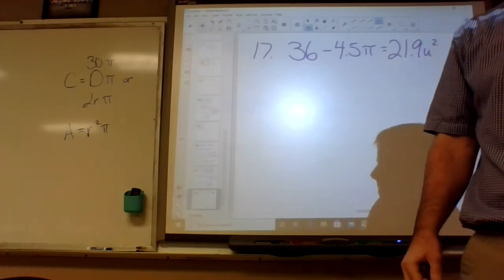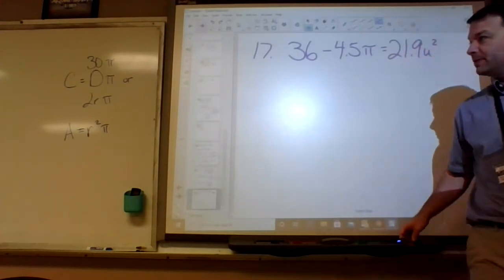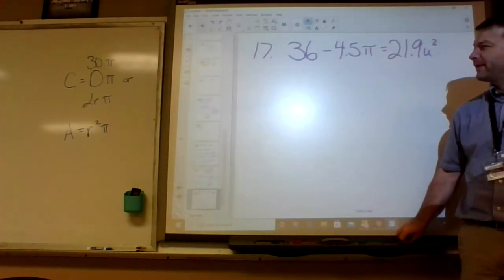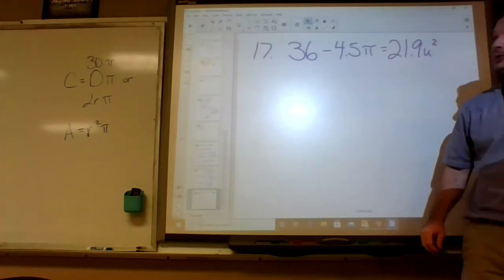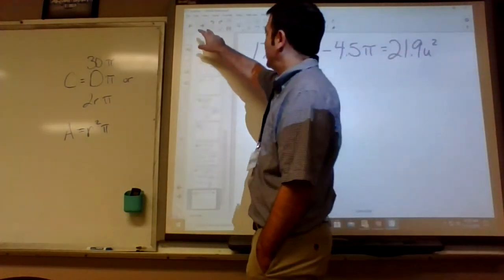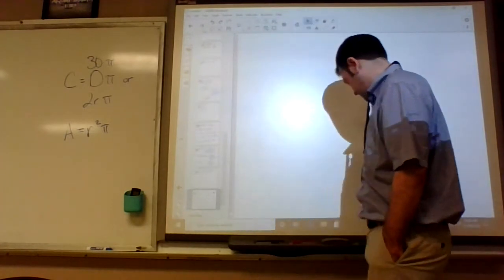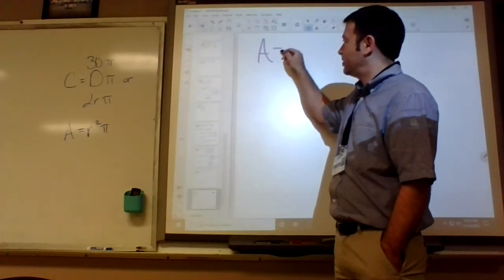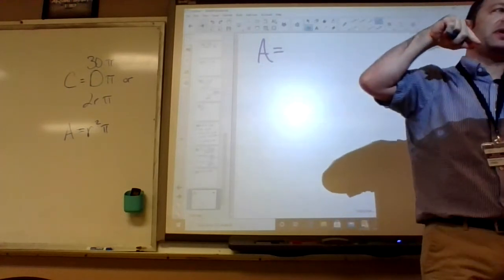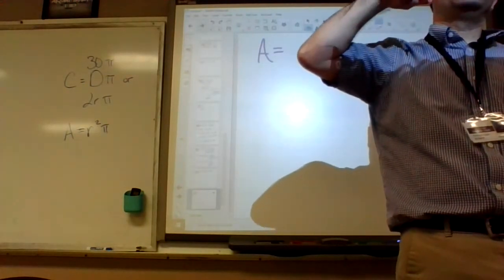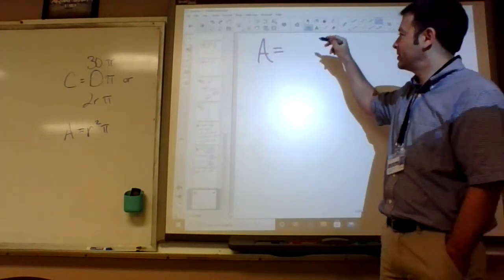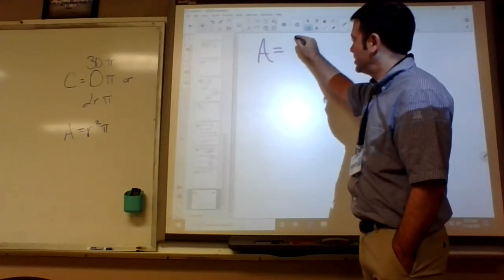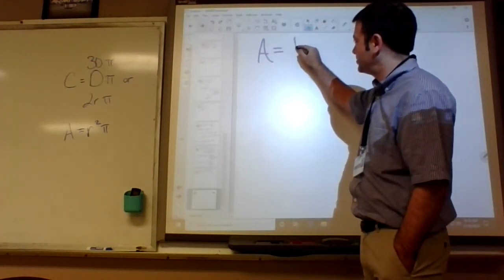Alright, we need to talk about 18 because I'm pretty sure we forgot Friday's. I'm not going to do all of 18, but we'll talk about the first part. Do you guys remember the area formula for a regular polygon? This was actually from Thursday, not Friday. Let's see how long it takes you guys to remember.